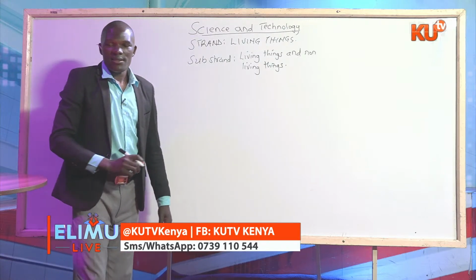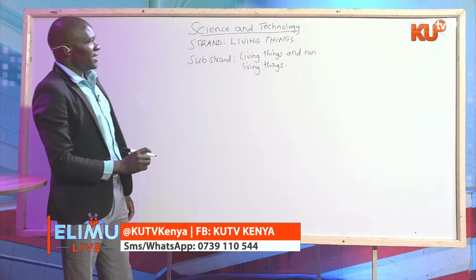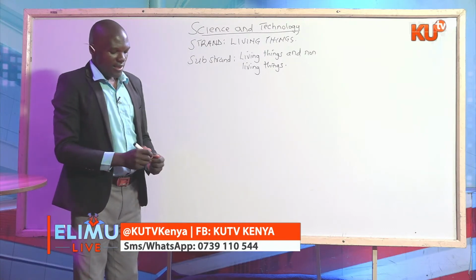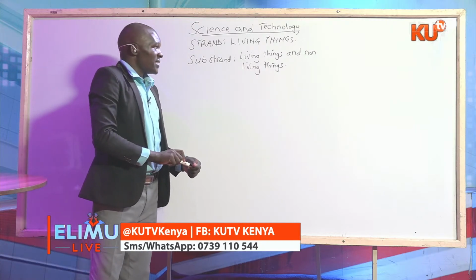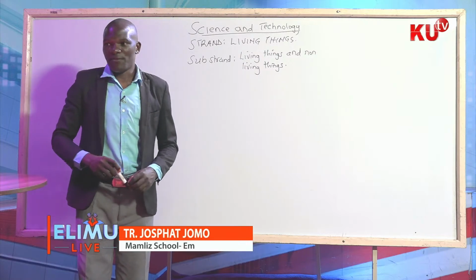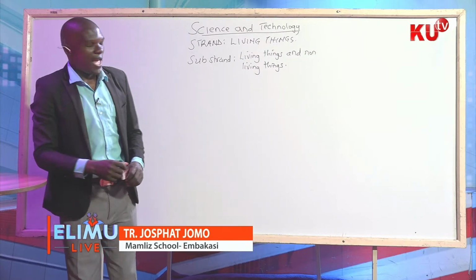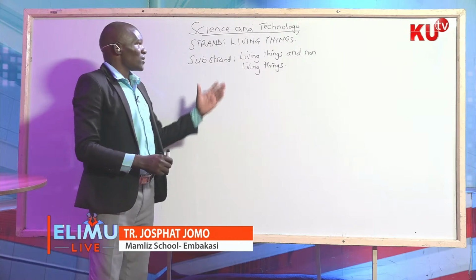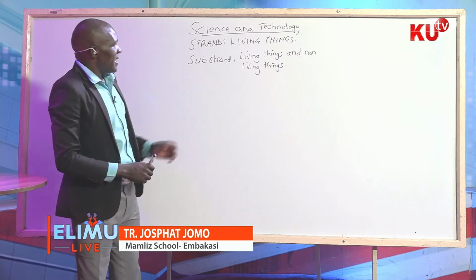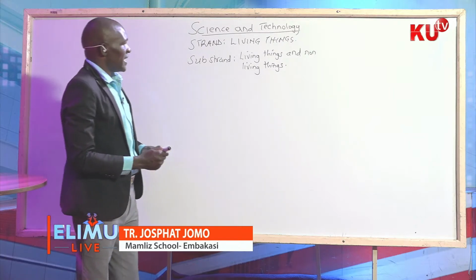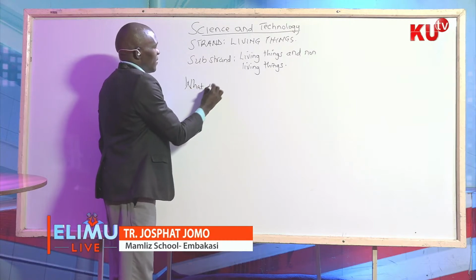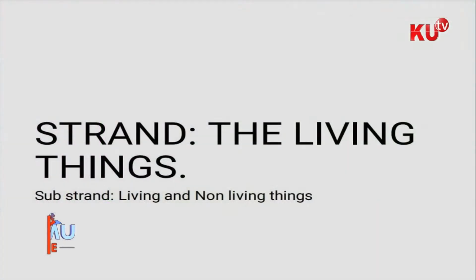Okay, learners, I want you to understand the basics. This is a grade 4 lesson, and about living things, I know you might have been taught in your various classes, and I'm happy today to introduce to you this strand, living things, and let us know what a living thing is.